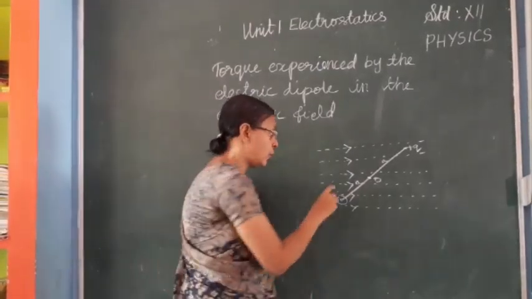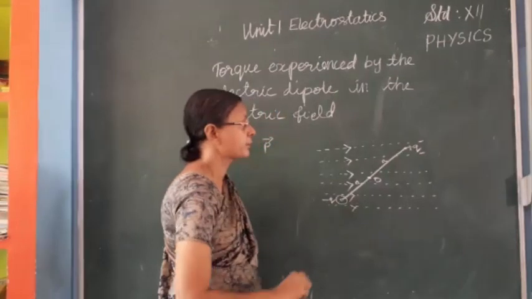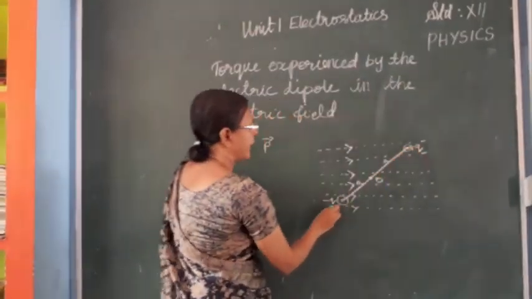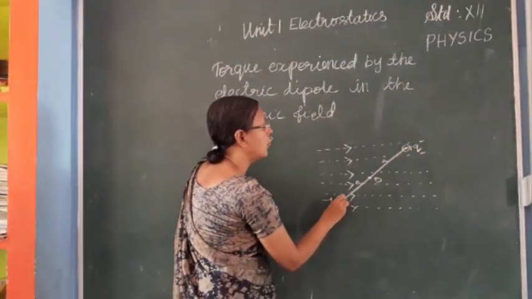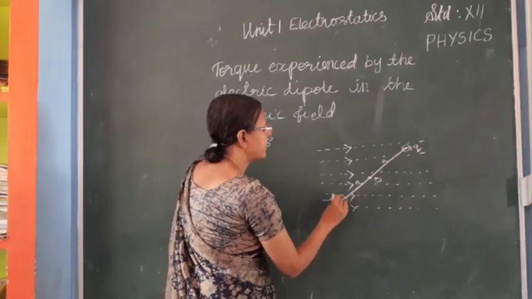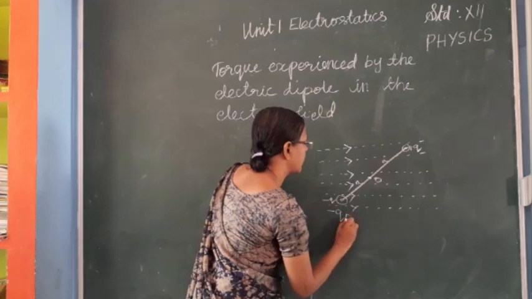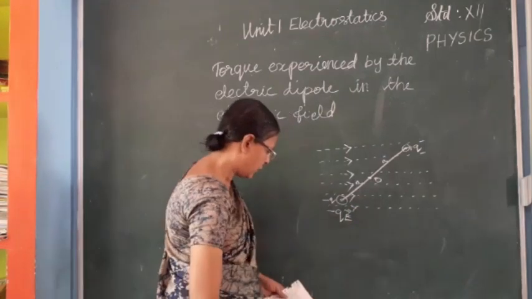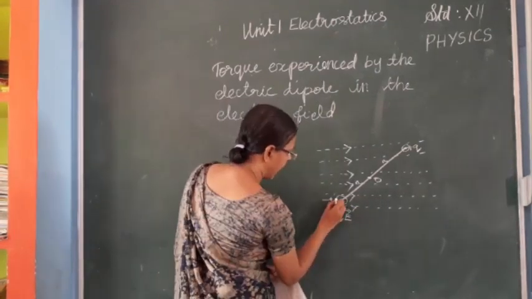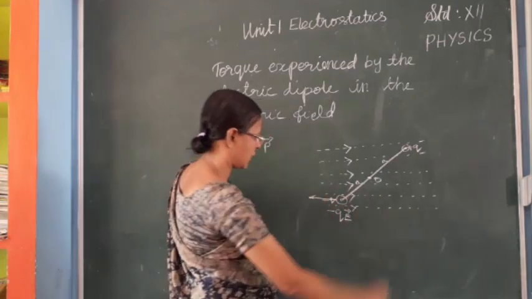You see here two points are there. This is plus Q, this one minus Q. This minus Q is experiencing a force, that is minus QE vector, acting in this direction.